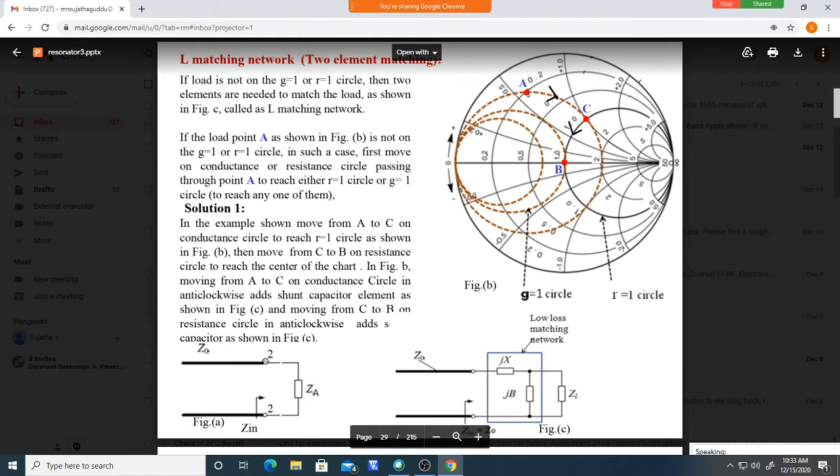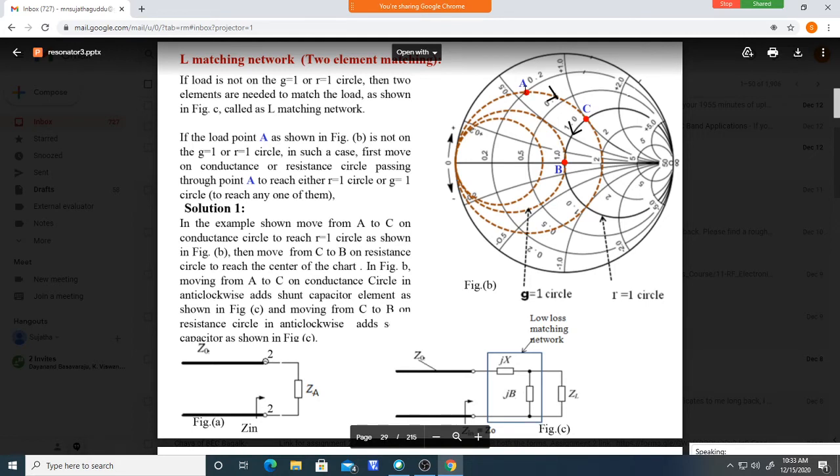So what I have to do, from here I should reach the R equal to 1 circle. If I reach the R equal to 1 circle, from here I can move over this like this. Wherever the element is, first you should reach the R equal to 1 circle or G equal to 1 circle first.